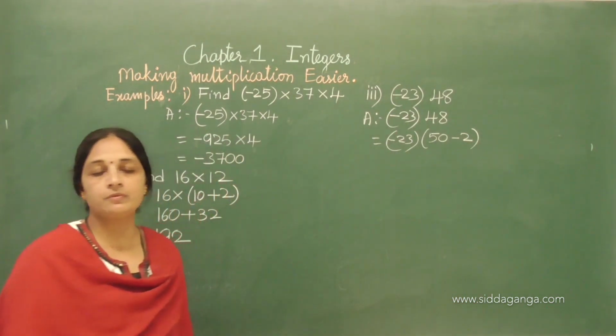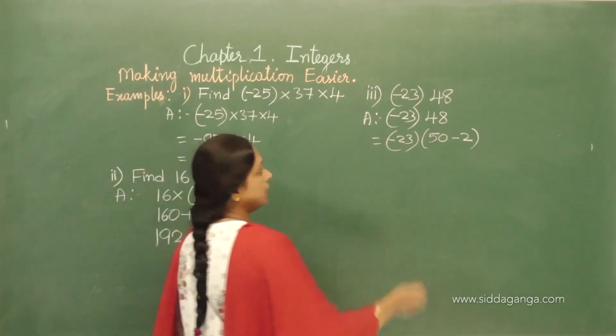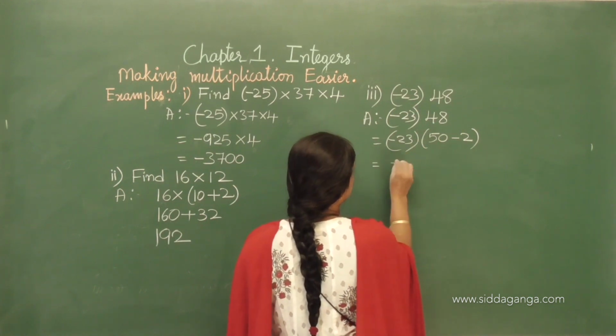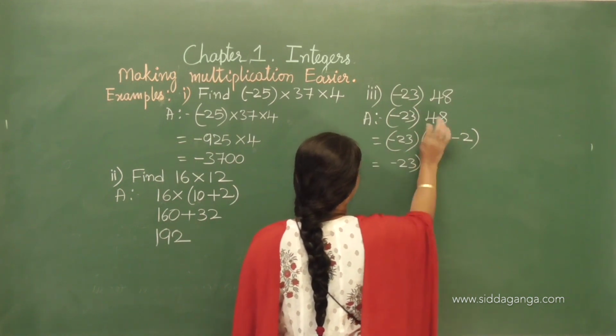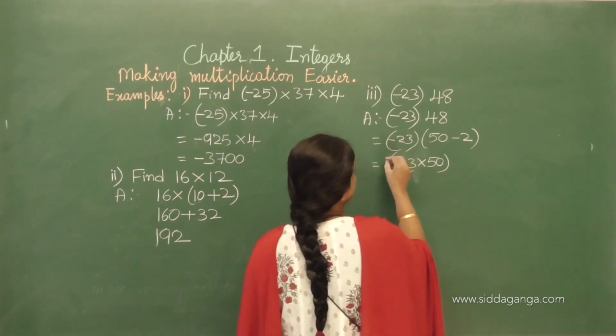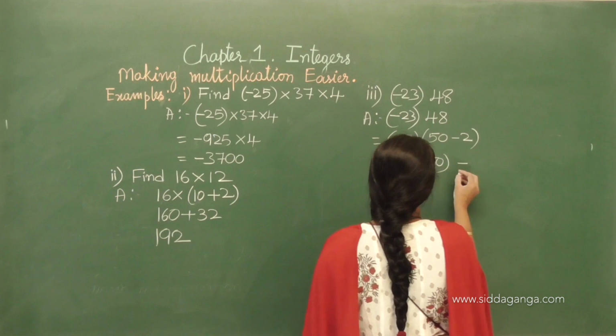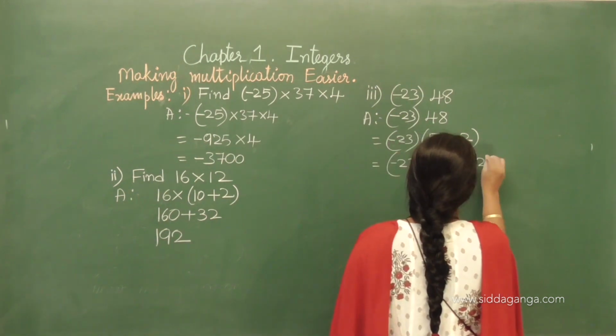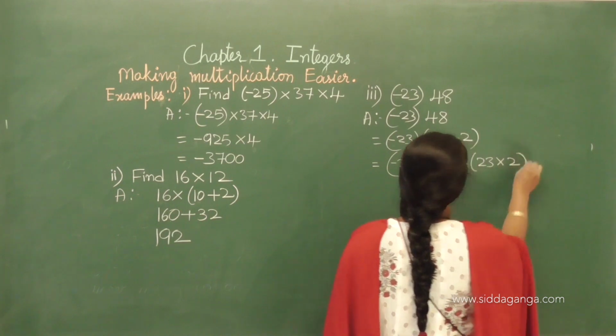Subtract 2 from 50, we get 48. So minus 23 into 50, and minus into minus is plus, then we get 23 into 2.